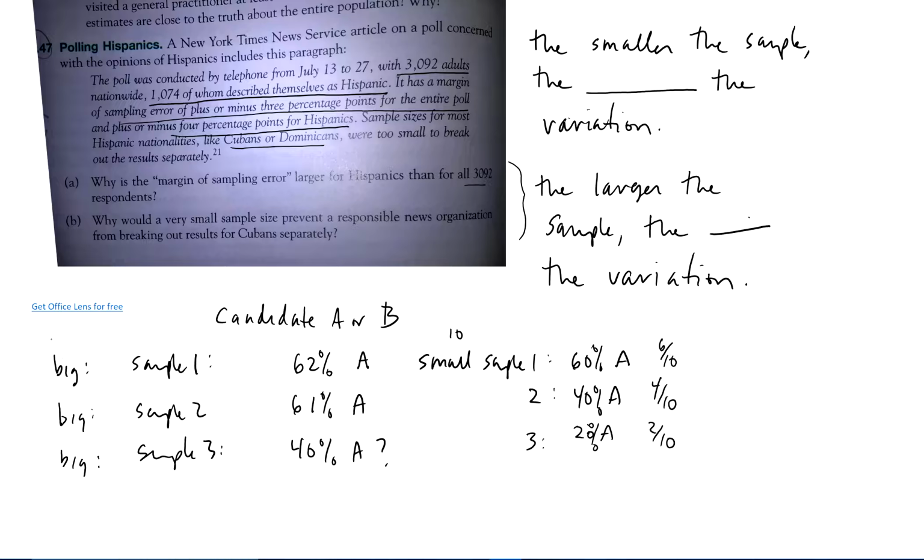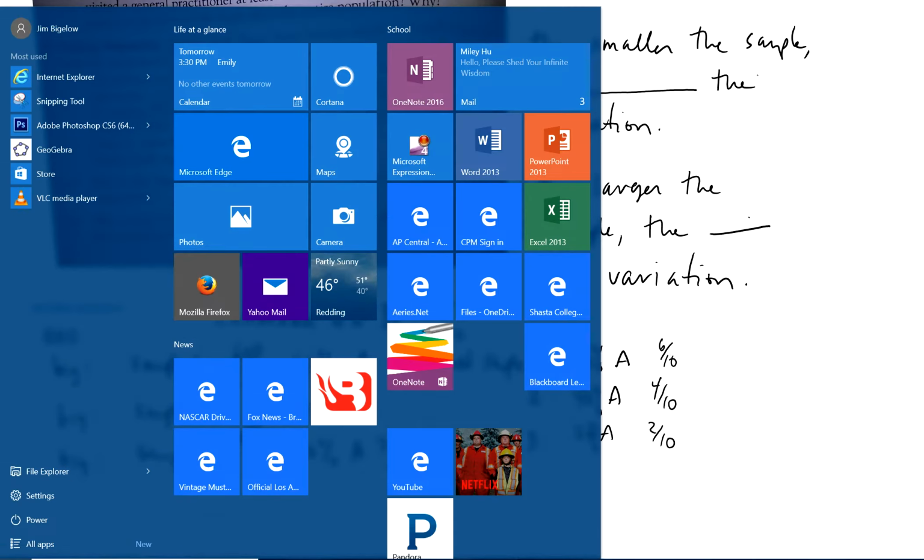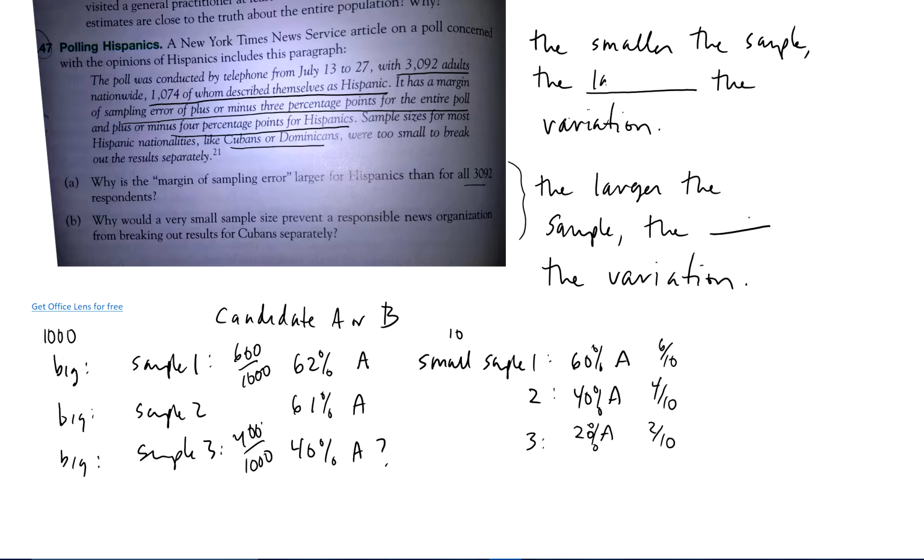For me to swing in a group of 1,000, think of it, to go from 60 to 40%, that's 600 out of 1,000 to 400 out of 1,000, roughly. That's a huge swing in my sample. So the smaller the sample, the larger the variation; the larger the sample, the smaller the variation.